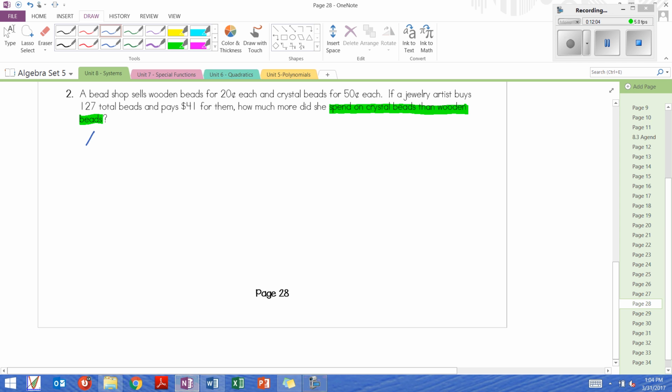So I'm going to say X is equal to the number of wooden beads and Y will equal the, what do you think? Yep, number of crystal beads.